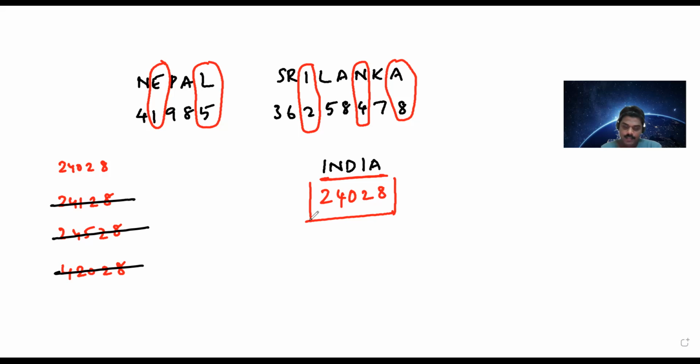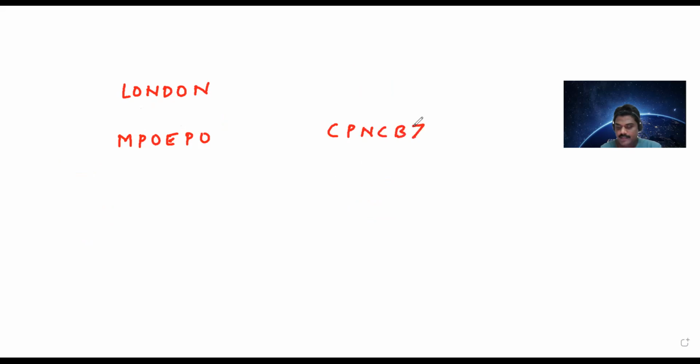Next question. London has been coded as MPOEPO, right? And they are asking you to find the word for the code CPNCBZ.